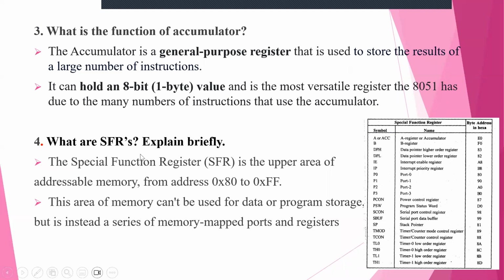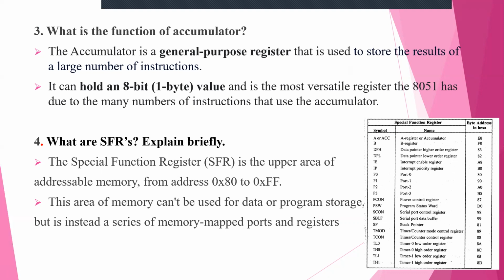What is SFR? Explain briefly. SFR is nothing but special function register. In the 8051 architecture, we have seen the accumulator, B register and other registers. These registers are permanently there in 8051 to store values.